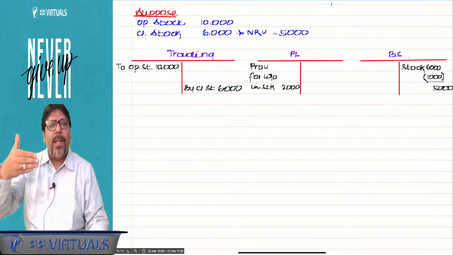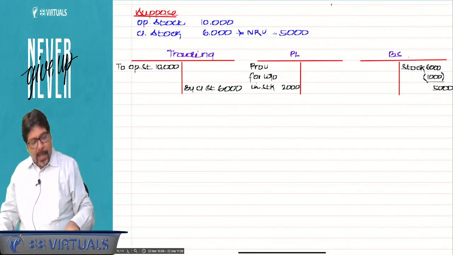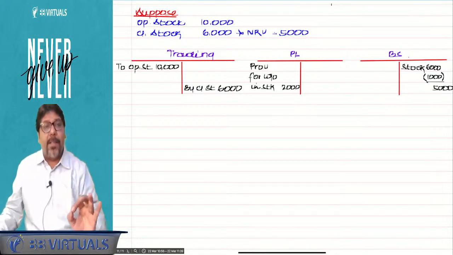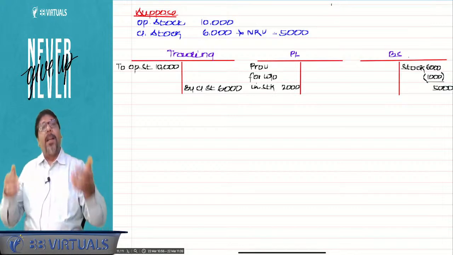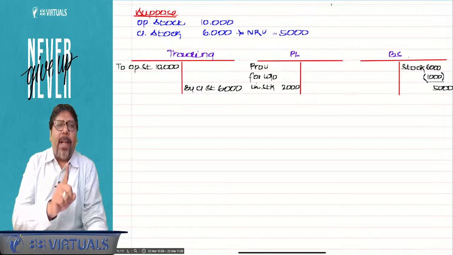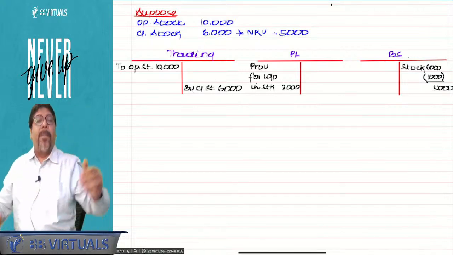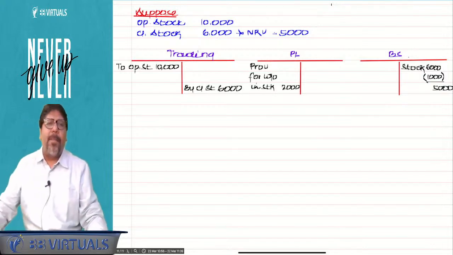Are you understanding what I am saying? Is there a difference? Tell me, chartered. Is there any difference between provision for bad debt and bad debt? Sir, obviously there is a difference. Bad debt means loss has already happened. Provision for bad debt means expected loss. Wonderful.